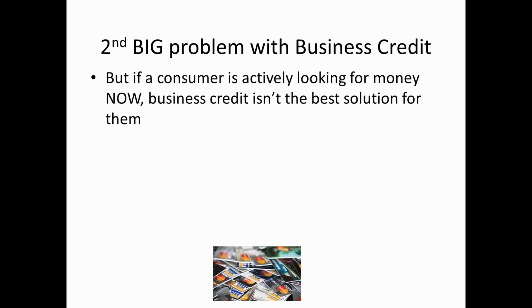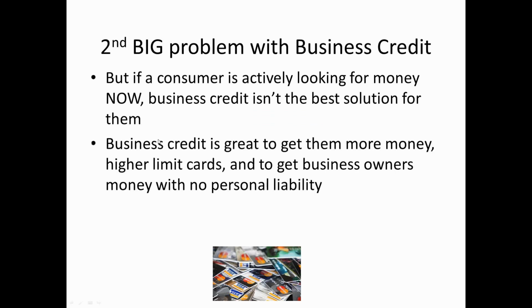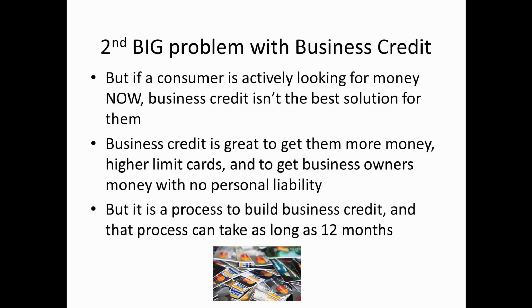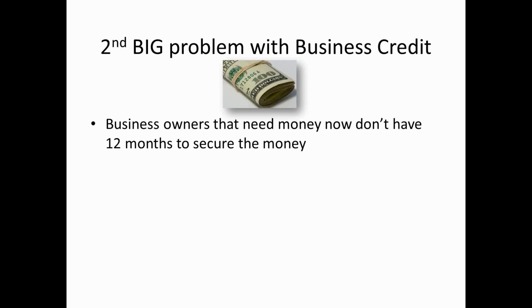Okay, so big benefit, business credit built half the time, massive limits, but the drawback is the time to build. If a consumer is actively looking for money right now, business credit isn't the best solution for them. It's great to get them more money, higher credit limits, and to get business owners money with no liability, but it's a process to build business credit, and that process can take as long as 12 months or sometimes more.